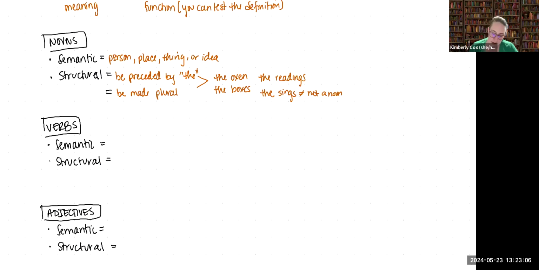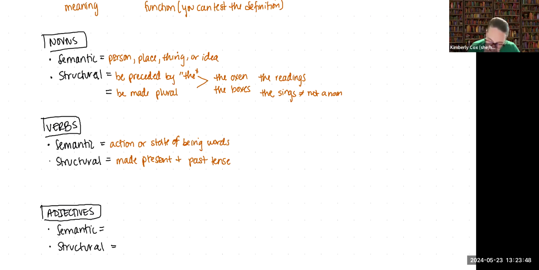I don't know about you guys, but I was told action or state of being words, right? Again, not a lot to be able to test there. The structural definition is that they can be made present and past tense, because they have to be able to do both.